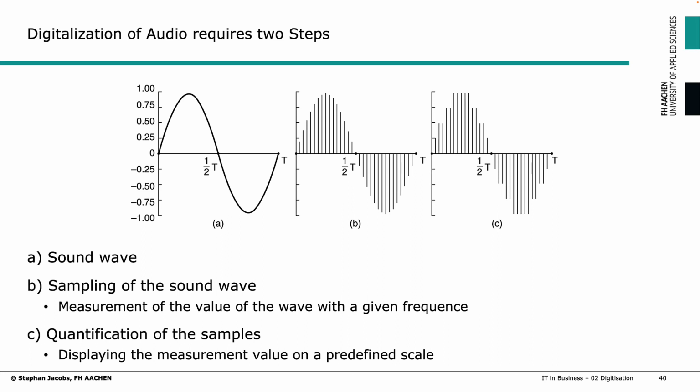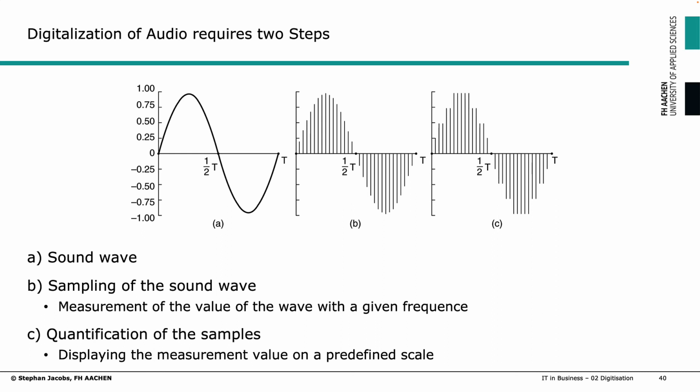And what you can see here already is the more measurements you make per time period, the better you can identify this original wave. If, for example, there is a dip between 2 lines, you would not be able to see it.